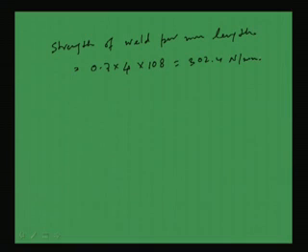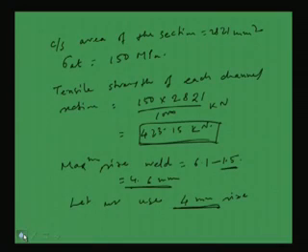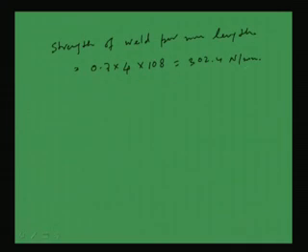So we have to design the weld for the force of 423.15 kilonewton. Now per millimeter length the strength of weld is coming 302.4 Newton.